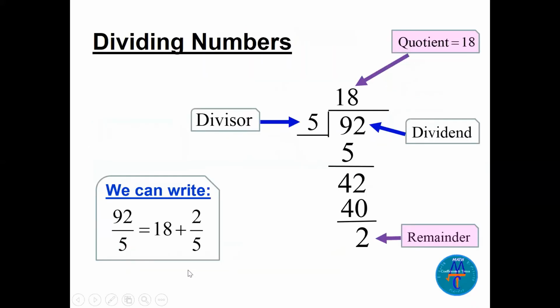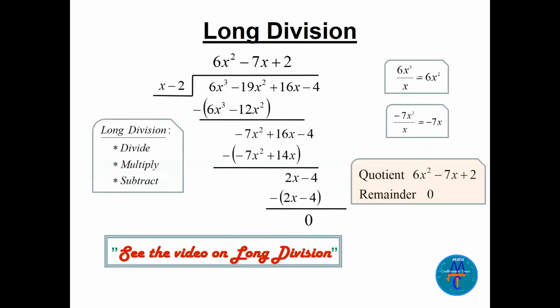This is the same method as this example, but with very easy numbers, 92 divided by 5. This one is with variables, but we call it long division because it is long. It takes time. If you understand it here, okay. If not, you need more details, please go to the video on long division.